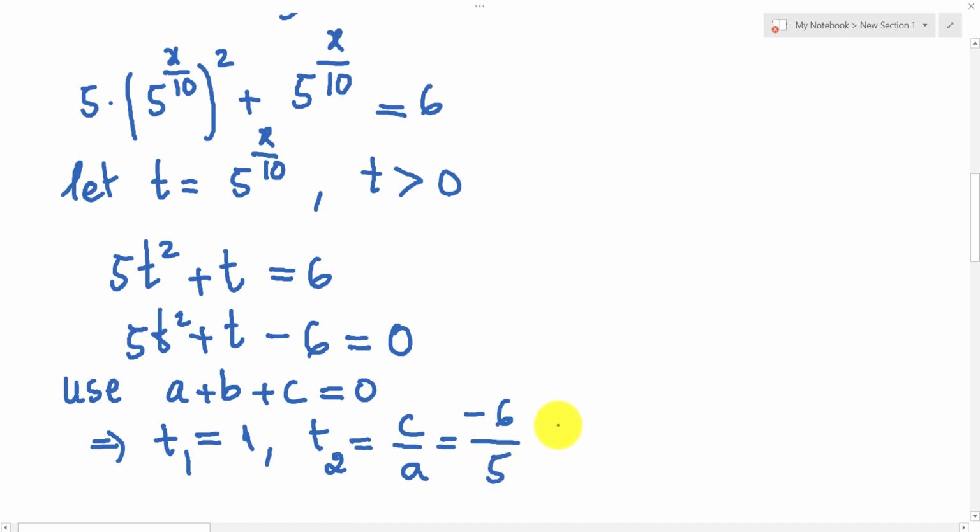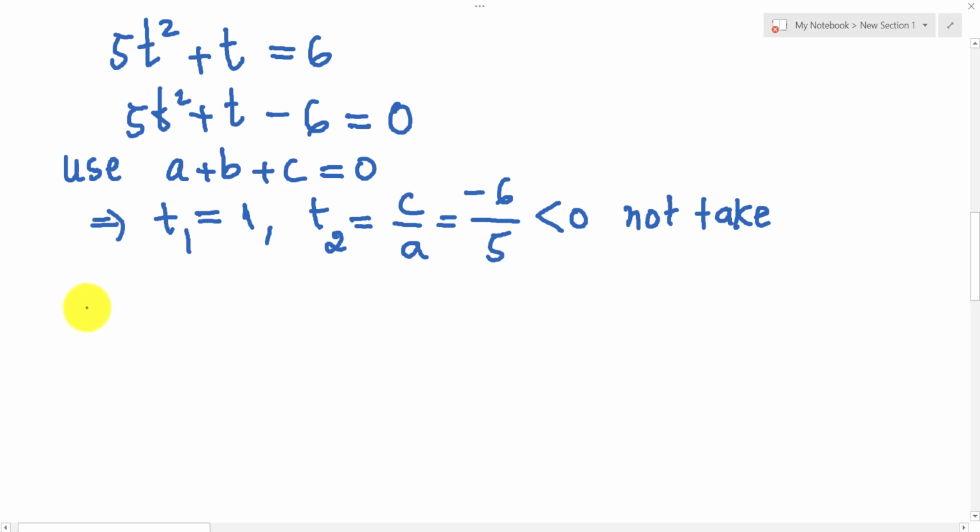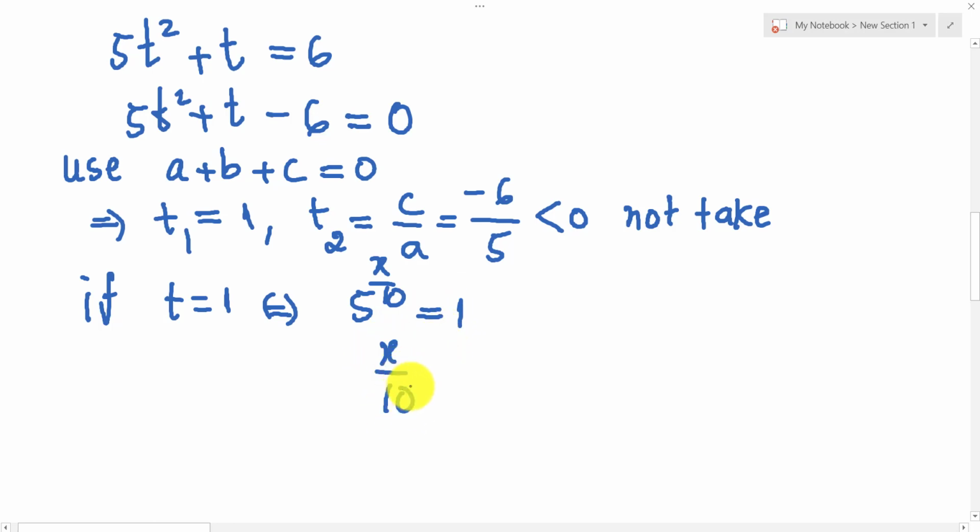That is a negative number, so we don't take it. If t is equal to 1, then 5 power x over 10 is equal to 1, so x over 10 is equal to 0, and x is equal to 0.